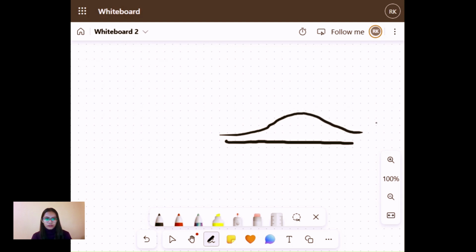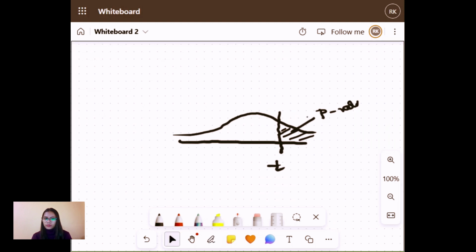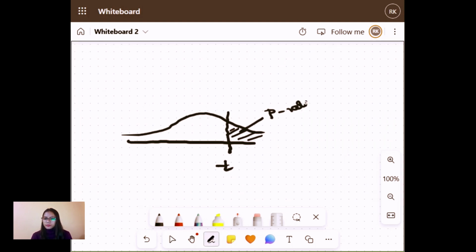suppose this is our graph, and we have a test statistic z or t. Suppose the test statistic, any variable we are defining here as t, has this much area under the curve, and this would be considered as the p-value.